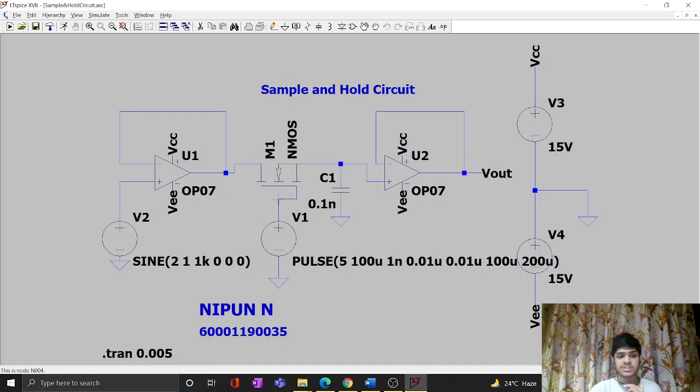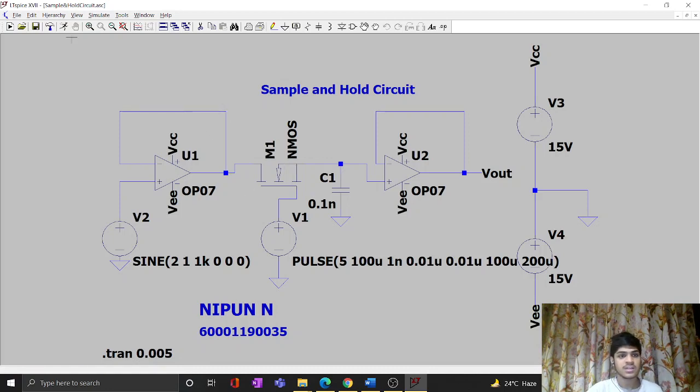The input voltage is applied through the drain terminal, as you can see here, and control voltage will be applied through the gate terminal. Whenever the positive pulse of the control voltage is applied, the MOSFET will be switched on, and it acts as a closed switch. On the contrary, when the control voltage is 0, the MOSFET will be switched off, and acts as an open switch.